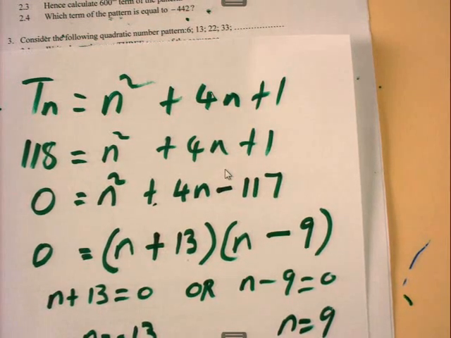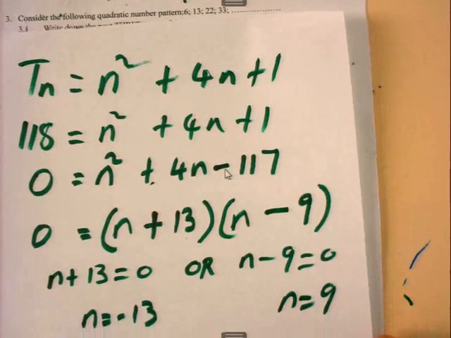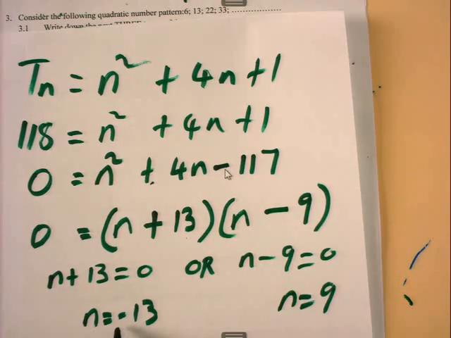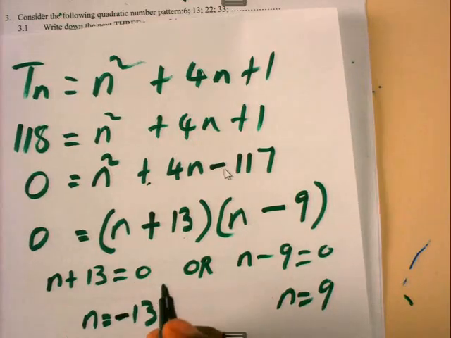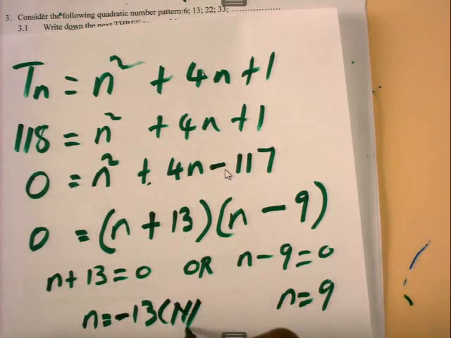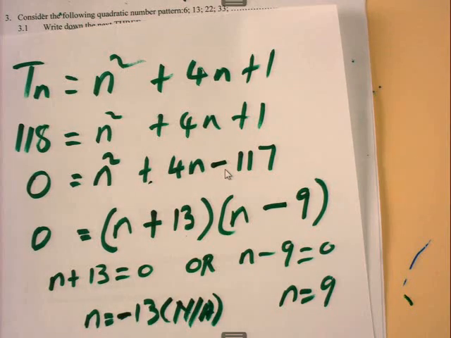What does n represent? We ask ourselves that question again. The position of a term in the sequence. So n must be a natural number. This term is there in the sequence, so what is its position? As a result, n equals negative 13 is not applicable. We need to cancel it out, because n represents the position of a term, so the position must definitely be a natural number.